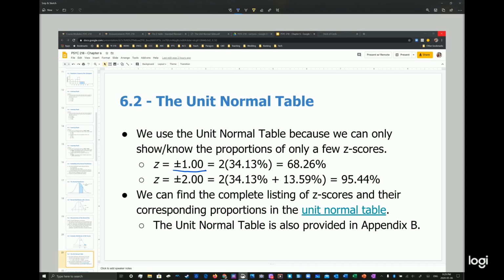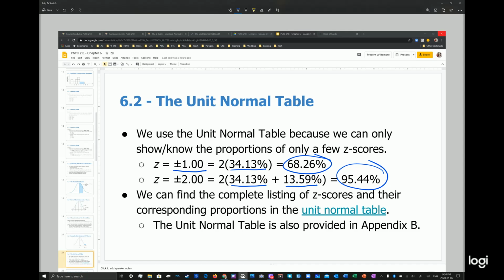So if you're looking at scores between plus or minus 1, in z-scores, that's 2 times 34.13%, which is 68.26%. And for plus or minus 2, which is kind of what we're getting at now, that's the first bit, the 68.26%, plus 2 times 13.59%, which would total 95.44%.